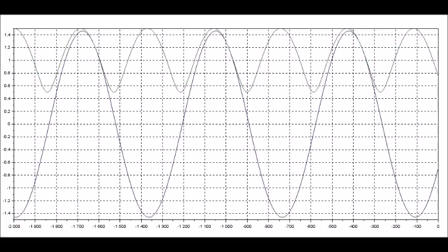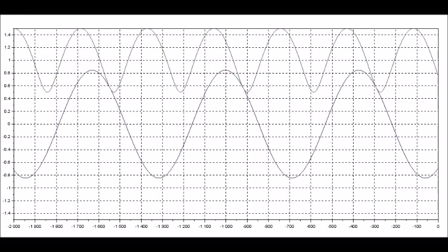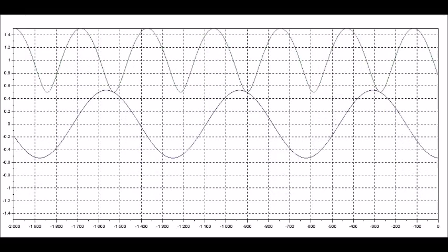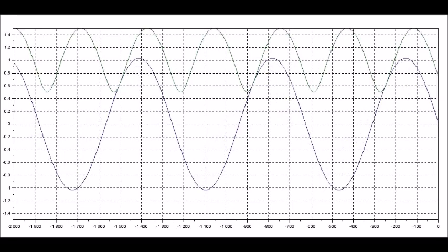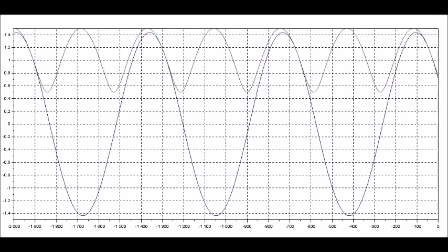If you observe, for example, minus 600 on the z-axis, the horizontal axis, you just see the variation in the amplitude of the wave which is propagating. You can see that its amplitude is limited to the point where it touches the sine wave at the top.